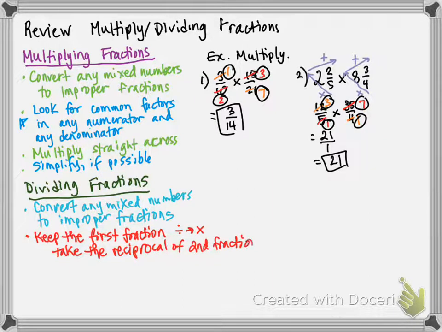Some people like to boil this down into simple phrases, and so they say keep, change, flip. The change is changing the operation to multiplication, but I can't just change one thing, I have to change two things. So I change the operation, and what comes after it gets flipped. Now we're just back to the rest.